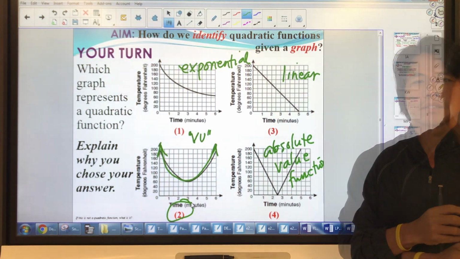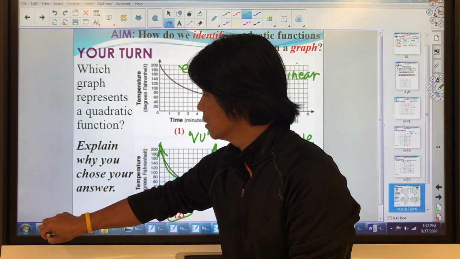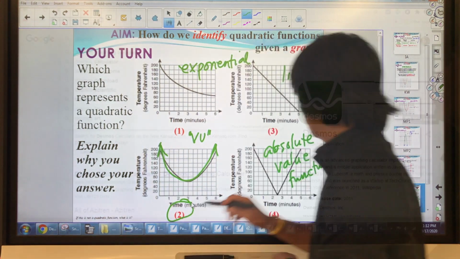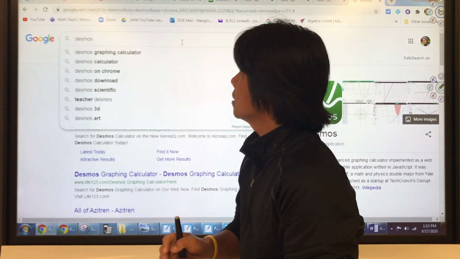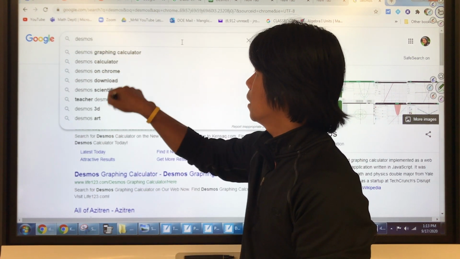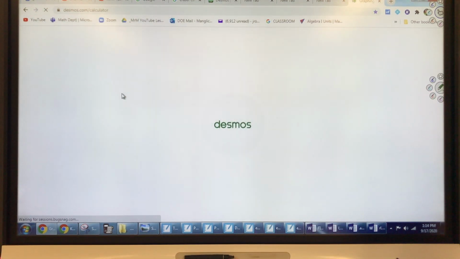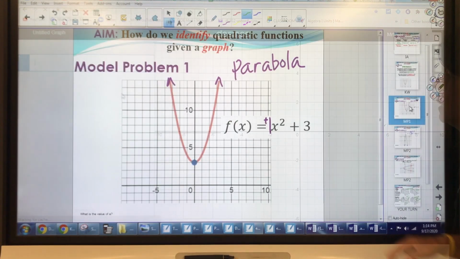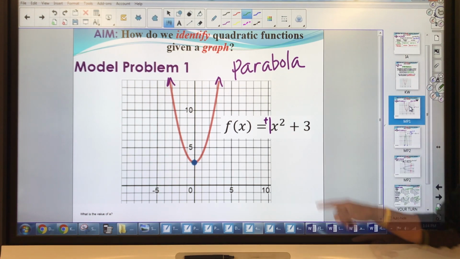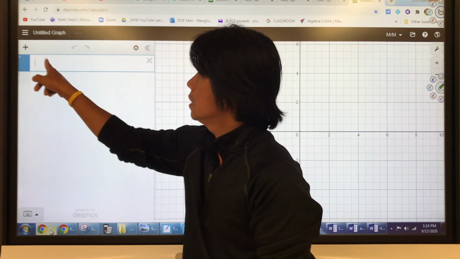So quickly, I'm going to teach you how to use Desmos in graphing quadratic function. On your search engine, just type Desmos, and then it gives you options. So graphing calculator. Now it pops up. So how do I graph this? You just simply go to Desmos. You see here.